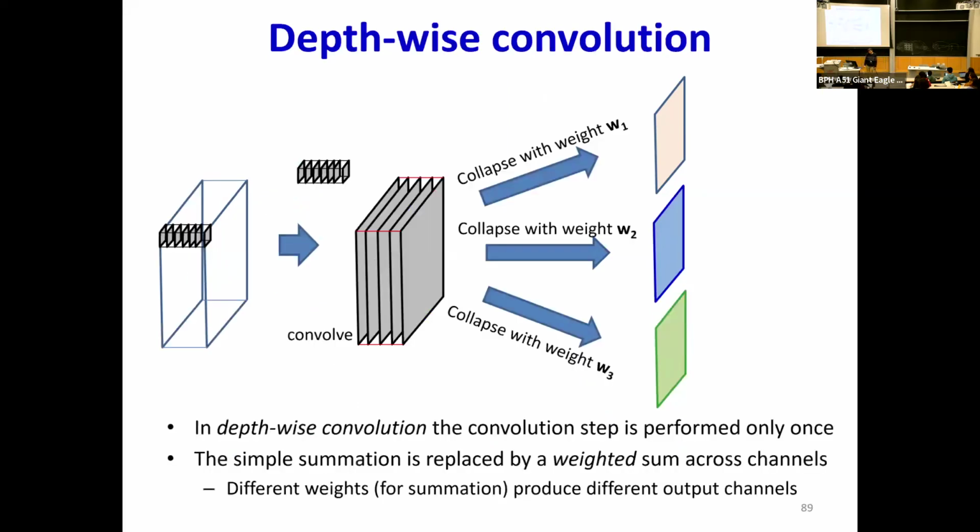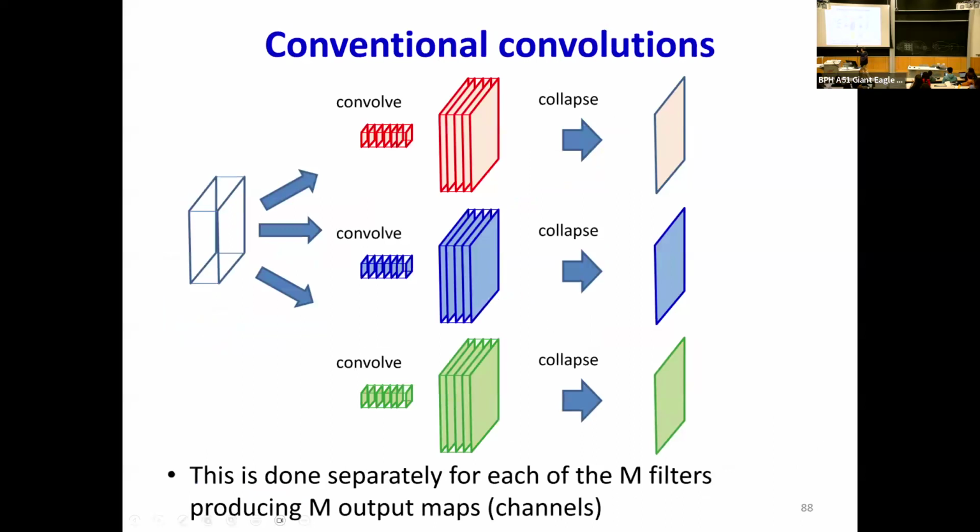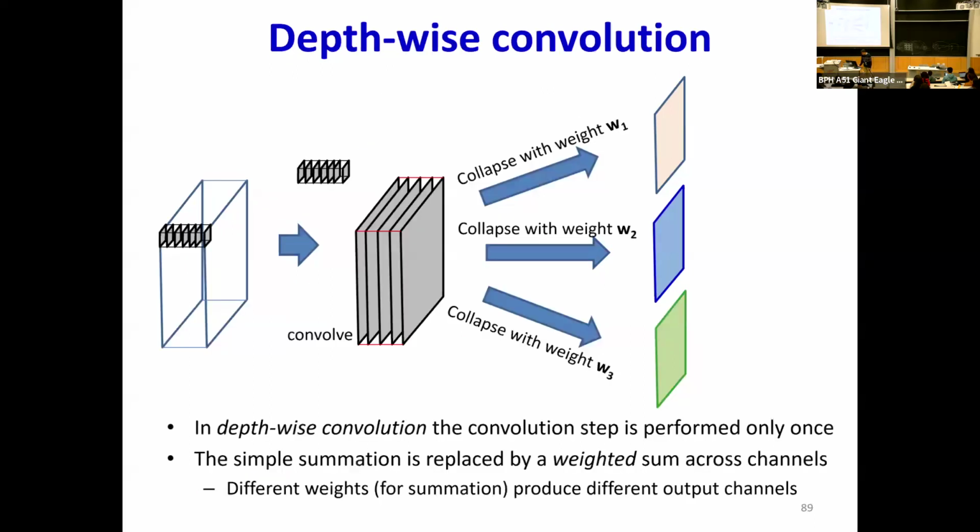Instead, I can say that I'm going to perform the channel-wise computation only once. And the only thing I will change is the manner in which I sum them up. In your conventional filter, we just simply added all of these things up, right? Instead of performing a direct addition, I can do a weighted sum. And so I can have one single filter, and the one single filter is going to have as many channels as the input itself.